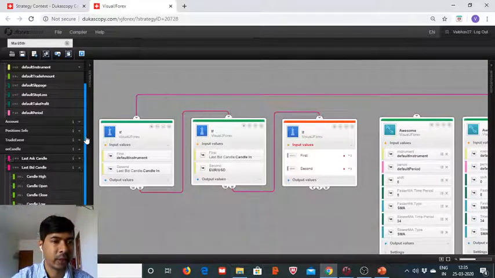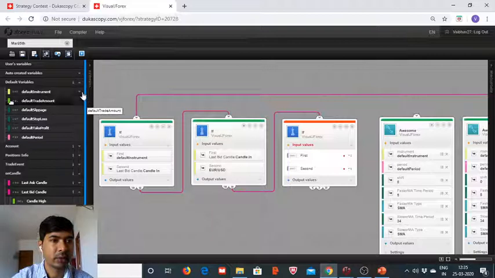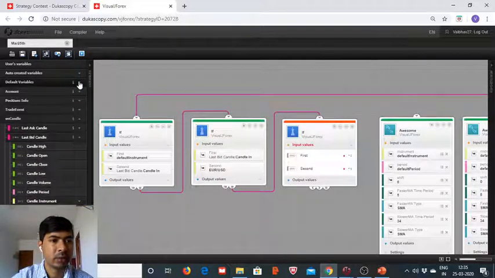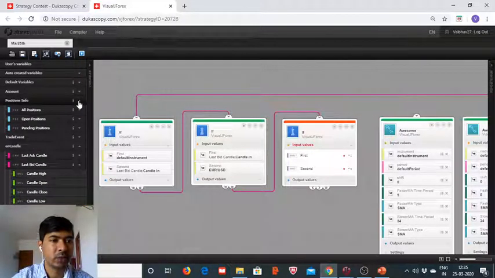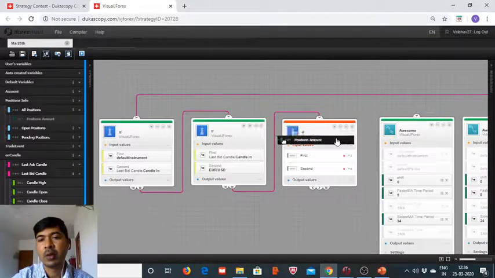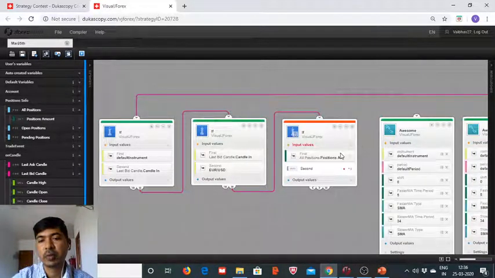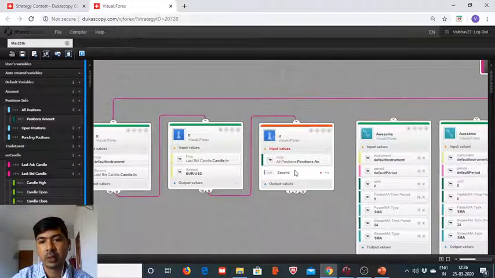let us bring in the position amount. Position info, all position amount. No pending or open position should be on the account. So we make sure it is defined at 0.